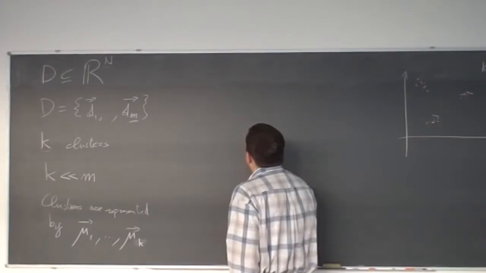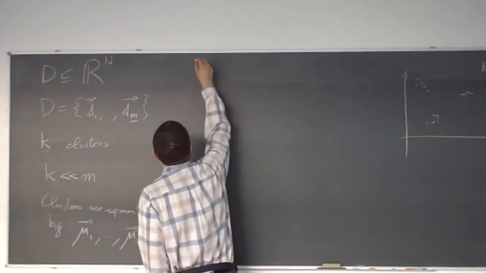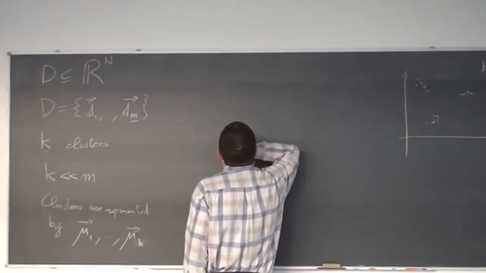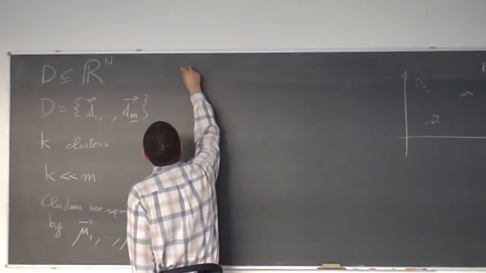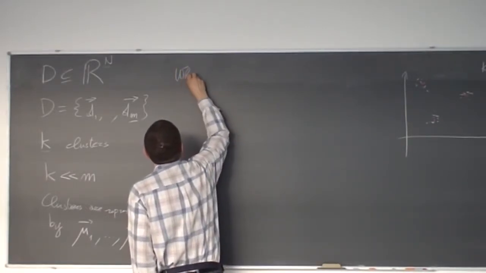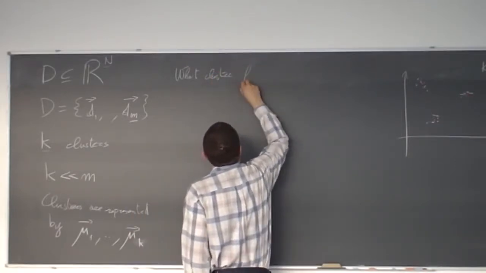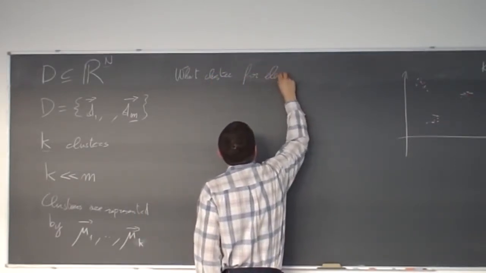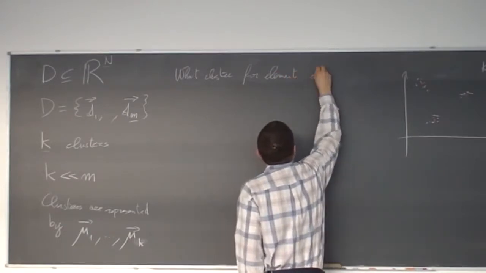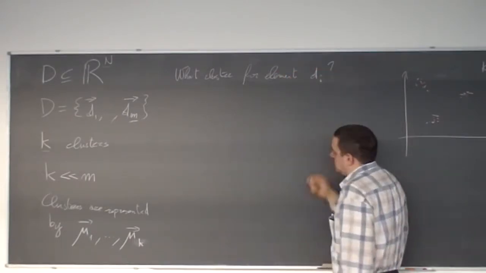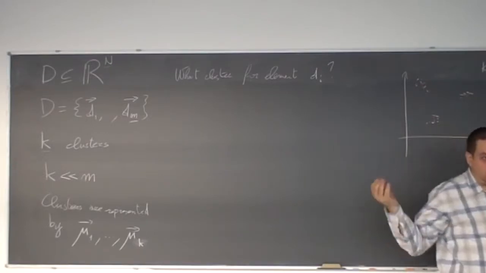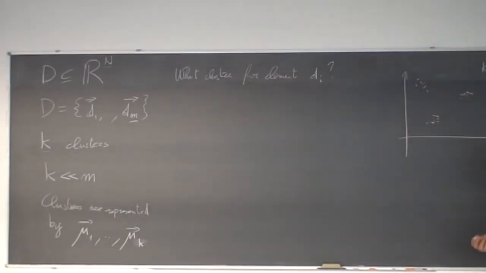So, for example, what cluster for element di? How do I decide where di belongs?